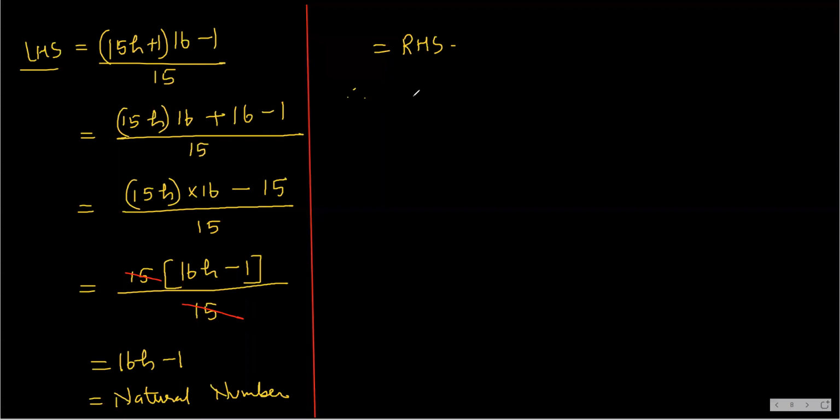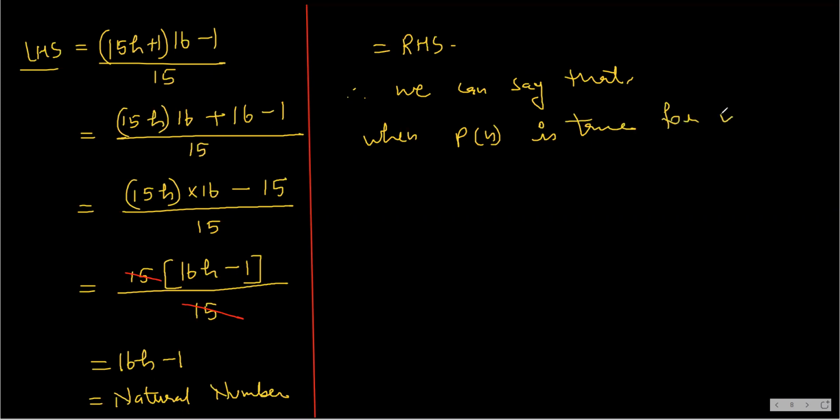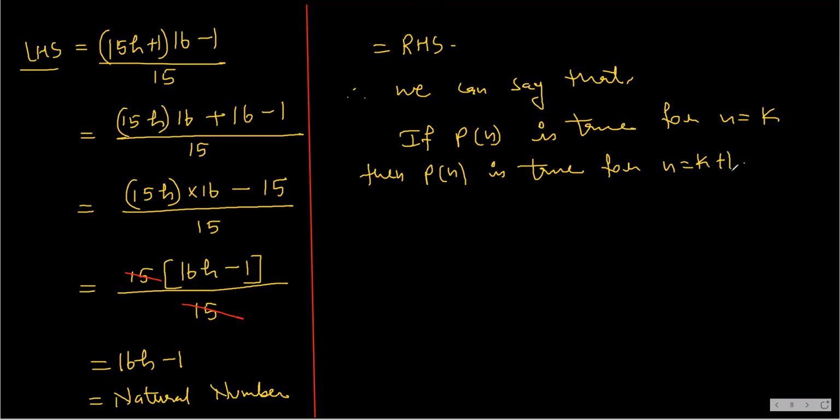So therefore we can say that when P of n is true for n equals k, then, you can replace this when by if, that sounds much better: if P of n is true for n equals k, then P of n is true for n equals k plus 1.